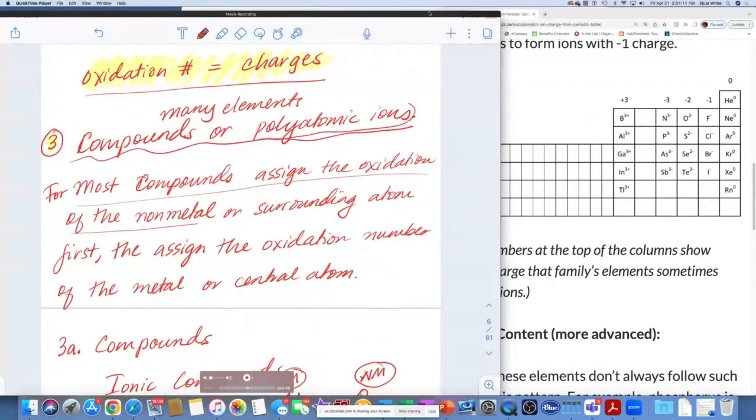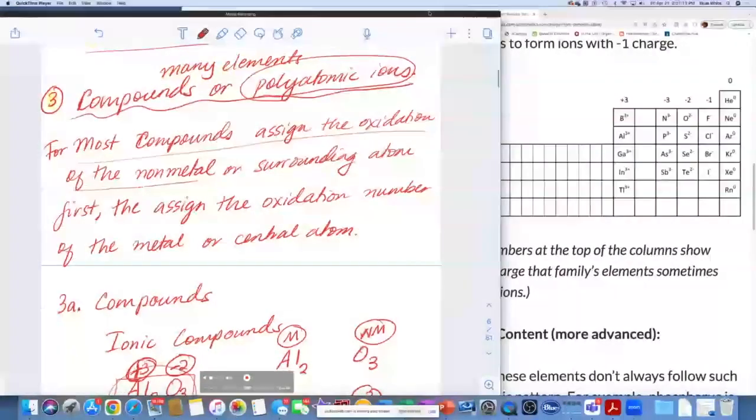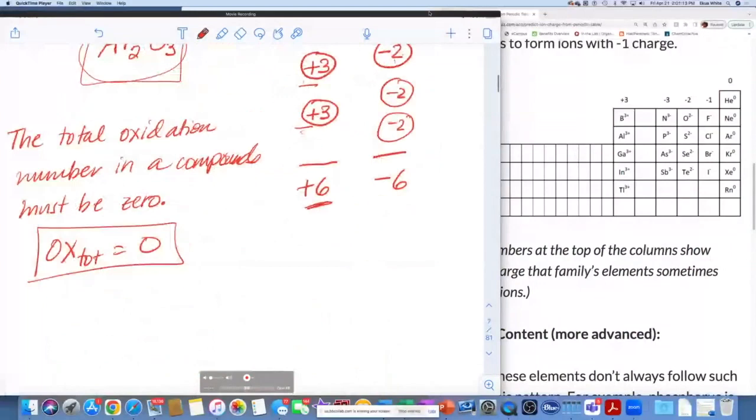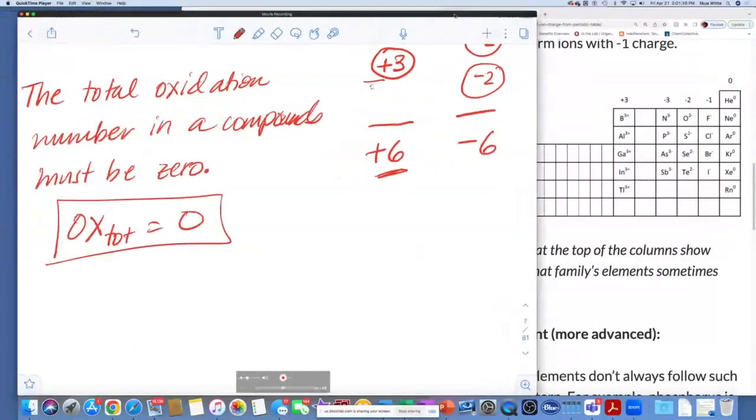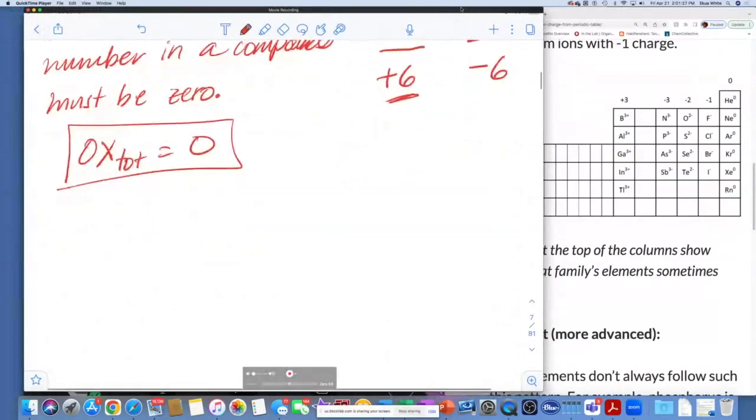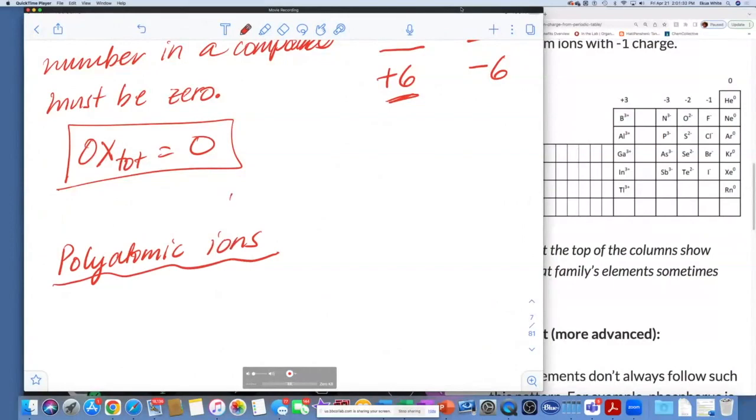Oh, polyatomic ions. So we're using the same thing for polyatomic ions, right? And the polyatomic ions, we get to look at that and look at non-metal combinations. So I'm going to use sulfate. Yeah, we're dealing with polyatomic ions. So from the definition here, ions means it has a positive or negative charge.